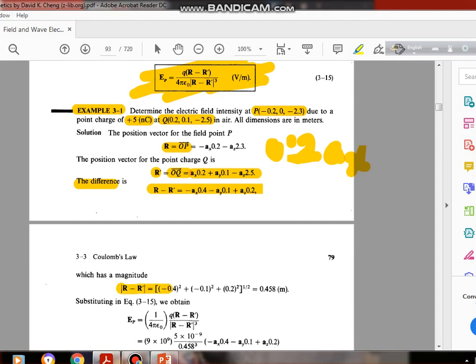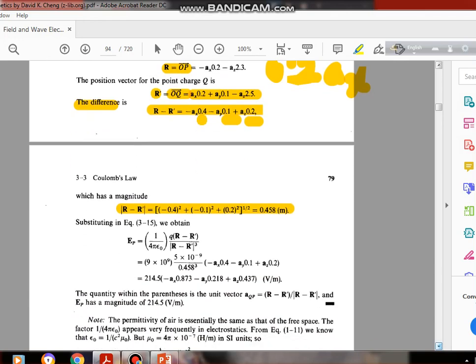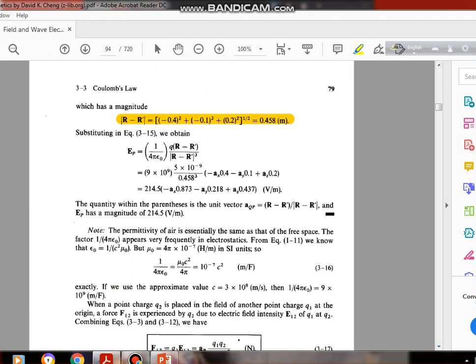Then take the magnitude of it. Magnitude means the square root of the sum of the squares of the x, y and z coefficients. Replacing the values in this equation, as we know 1 by 4 pi epsilon naught is 9 times 10 to the power 9, you can easily find the final answer in volt per meter, which is the electric field intensity at the point P.